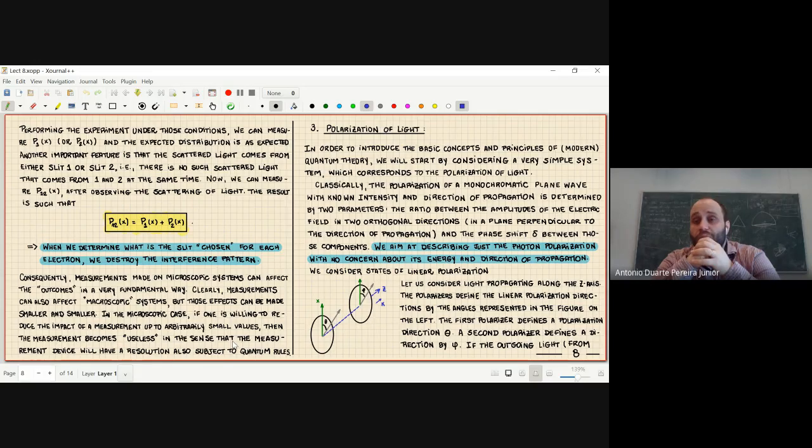Then the quantum version of that will also be simple. Okay, so it's much simpler than describing the position of a particle, because in principle a particle can be in whatever place, in a continuous amount of places. So the polarization of light is much simpler, and I'm going to explain why.